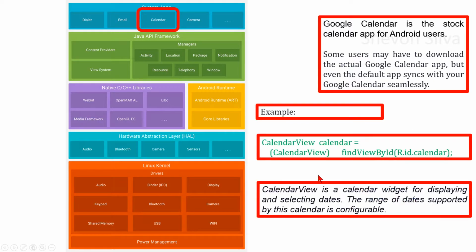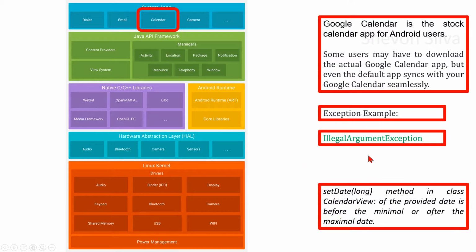Here you can see example code for calendar view. Calendar view is a calendar widget for displaying and selecting dates. The range of dates supported by this calendar is configurable.